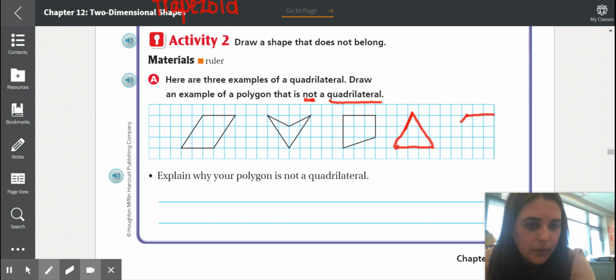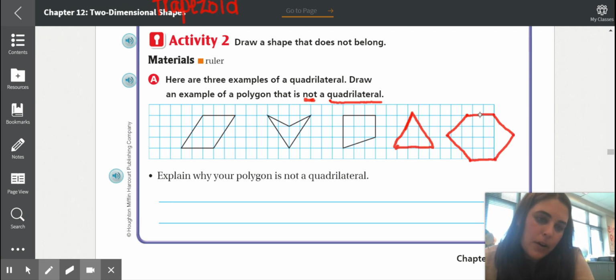Here's another example. This has 1, 2, 3, 4, 5, 6. That's not a quadrilateral because it has 6 sides. There are a lot of different examples that we could come up with that are not quadrilaterals. It says explain why your polygon is not a quadrilateral.